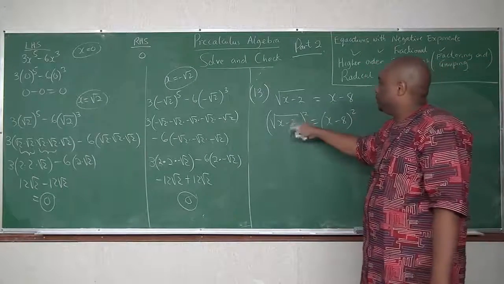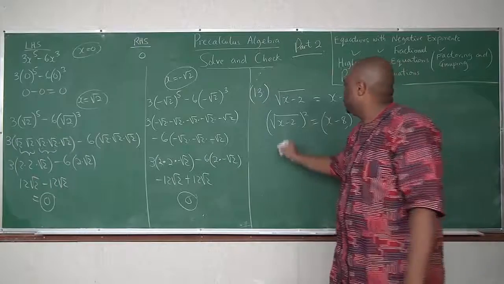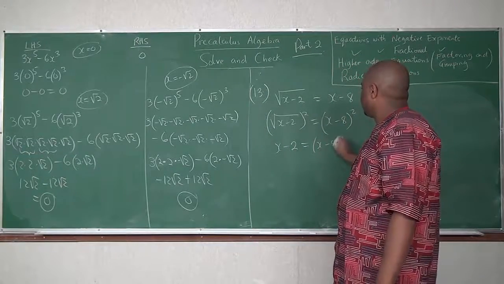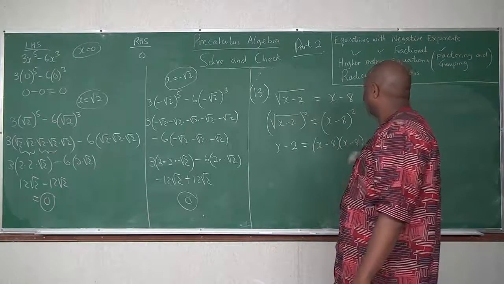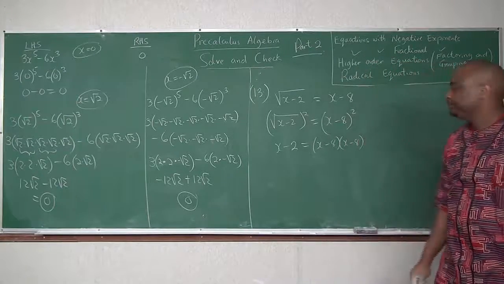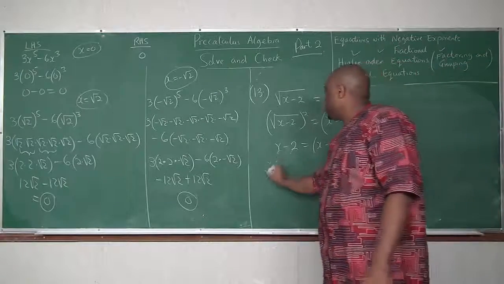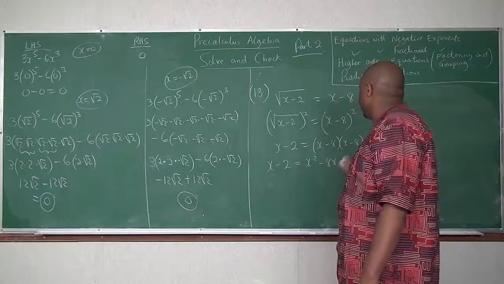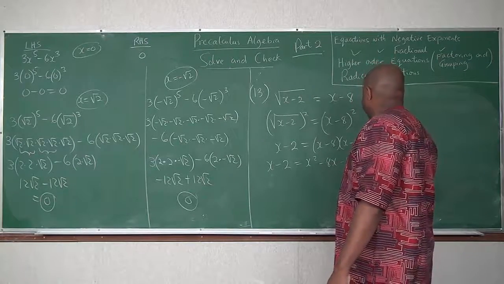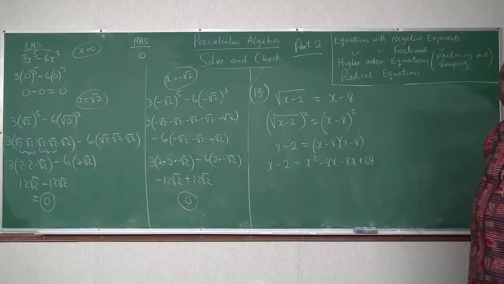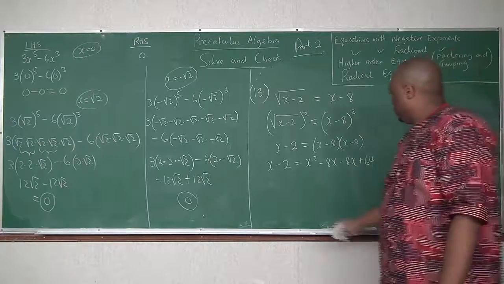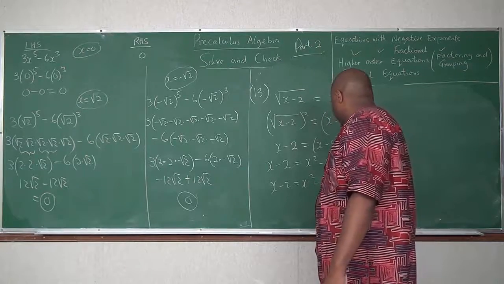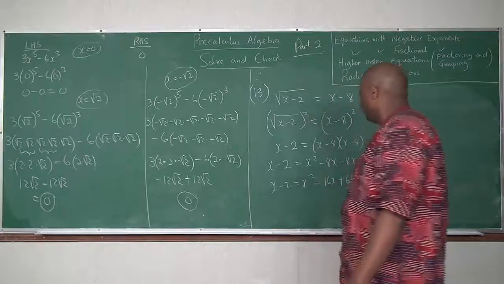So the square of radical x minus 2 is just x minus 2, equal to x minus 8 times x minus 8. So this is x minus 2 equal to x squared minus 8x minus 8x plus 64, so x minus 2 equal to x squared minus 16x plus 64.